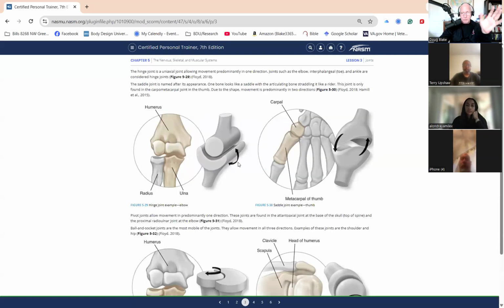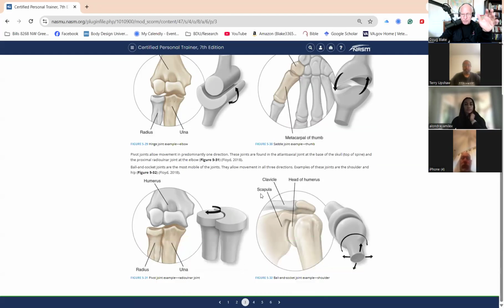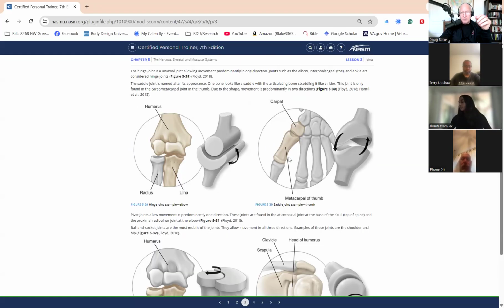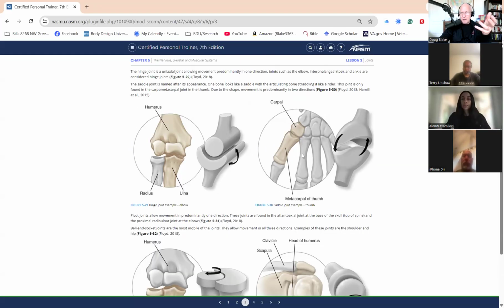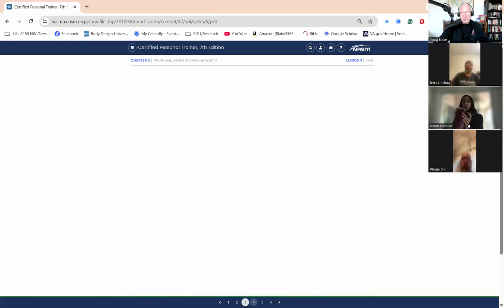Again, it's really interesting stuff, don't get me wrong, from a mechanical perspective, absolutely. Hinge joints, saddle joints, right? And by the way, how many saddle joints do you have in your body? Remember, NASM is giving you all this information. They're giving you this broad general overview, but it's just not relevant, guys. It's not. So that's why I'm just going to keep going past here.